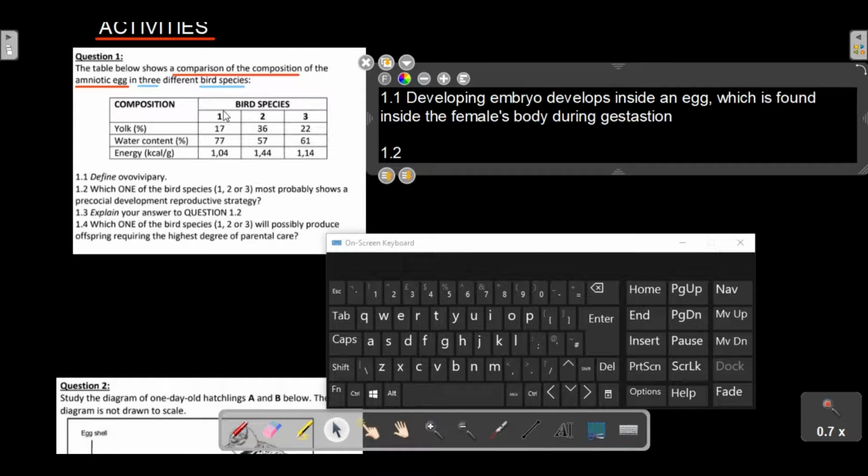Okay, so which one of these most probably shows a precocial development reproductive strategy?